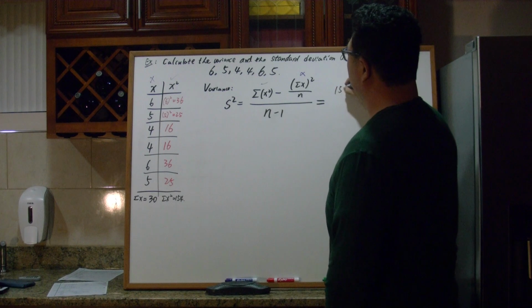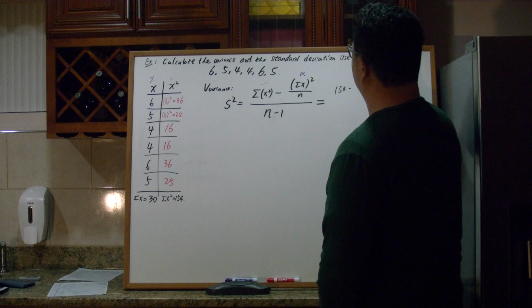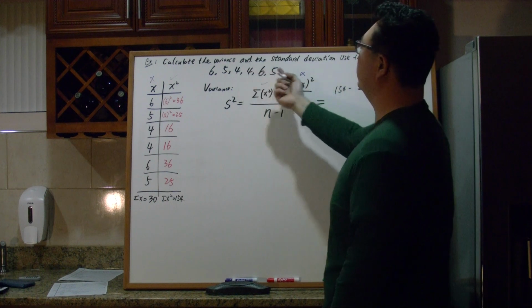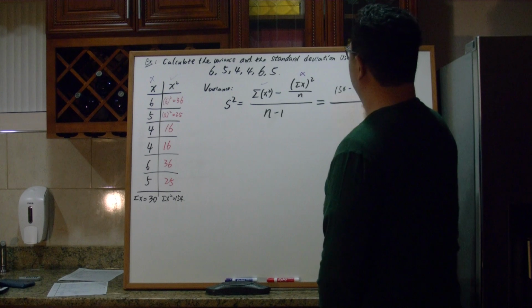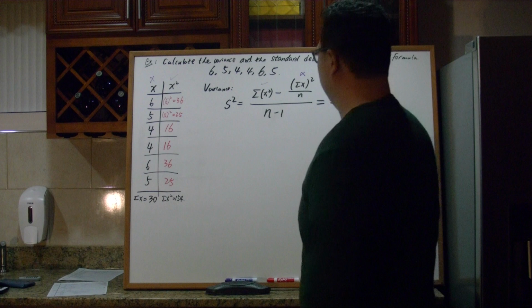Sum of x squared, that's 154. Sum of x is 30, but we take the square of 30, divided by the number of data, that's 6 of them. At the end, we divide it by 6 minus 1.